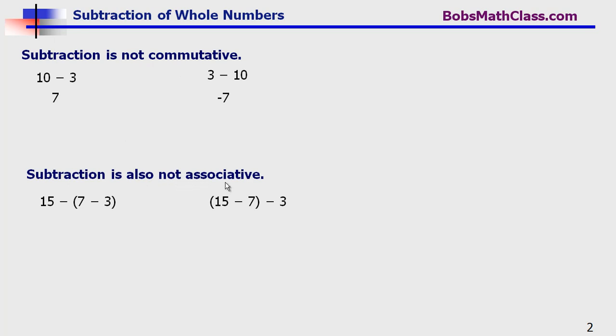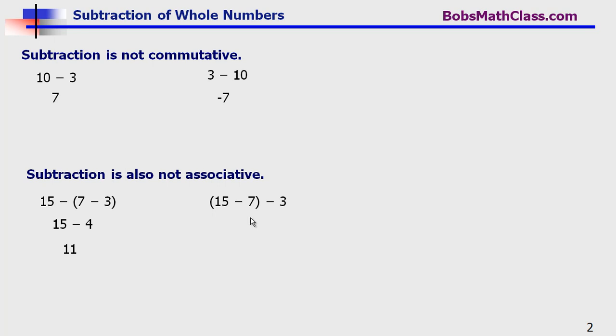It's also not associative. Remember that parentheses mean to do that operation first. So here we have the same numbers, 15, 7, and 3, in the same order, but the parentheses have changed positions. So if we do the problem on the left first, 7 minus 3 is 4, and then 15 minus 4 will give us 11.